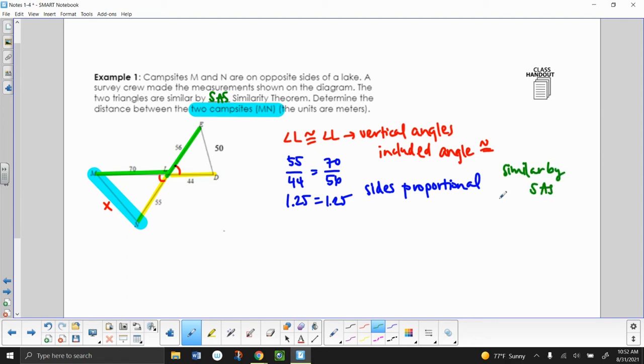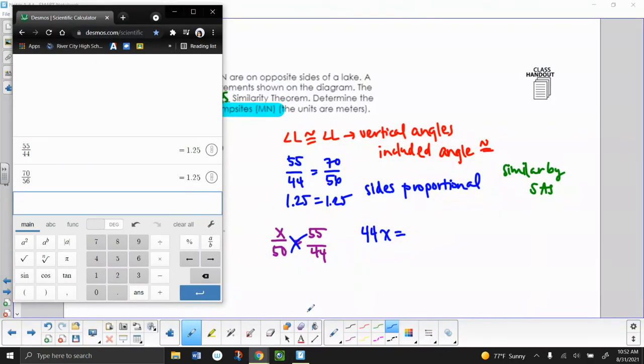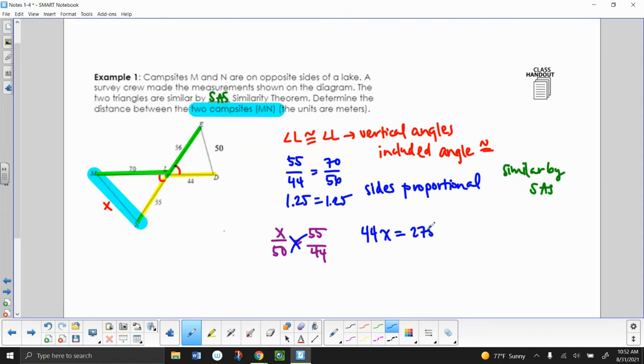And because they're similar, now we can use a relationship that the sides are proportional to solve for this missing side. So setting this up, I'm going to do x over 50 equals, and then you can pick and choose. You can either use this ratio or this ratio because they both equal 1.25, so they're exactly the same. 55 over 44. And then we're just going to cross multiply here. So we have 44x equals 55 times 50, which is 2750.